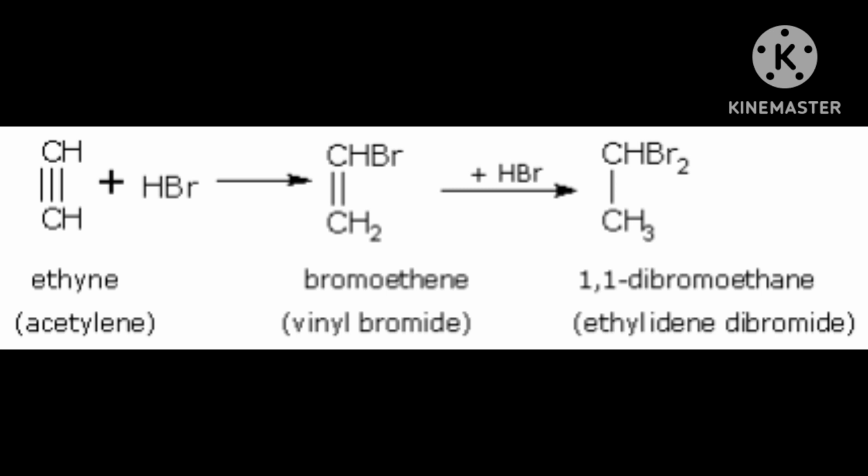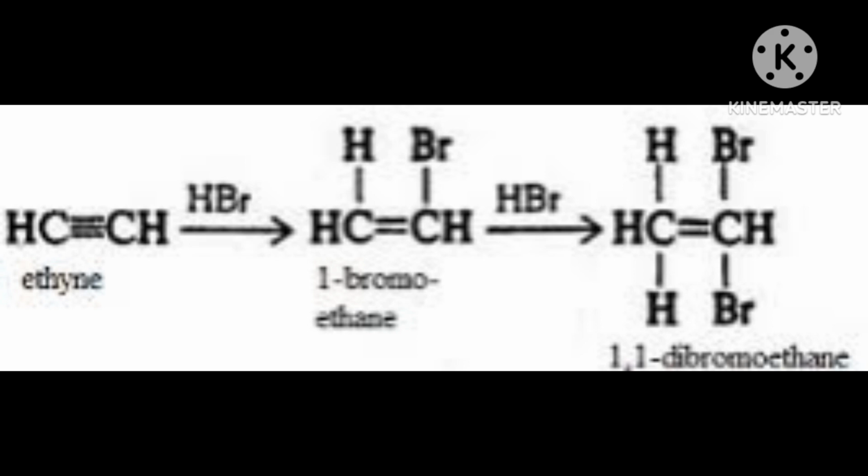Again the middle carbon has no hydrogen and the other carbon has two hydrogens. So where will it go? Again it will come on the same carbon, the middle one. Now it became 2,2-dibromopropane. This is again according to the Markovnikov rule.